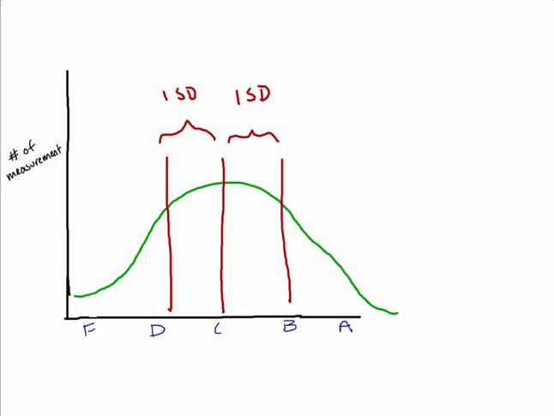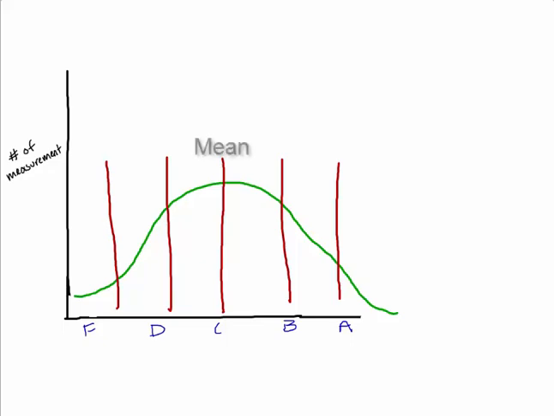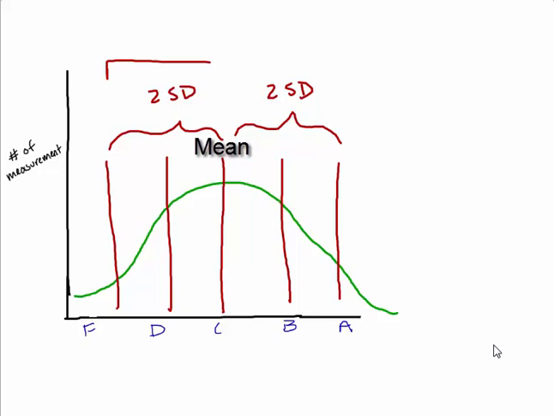And then we would expect that another standard deviation from the mean, so two standard deviations, should encompass about 95% of all of the measurements in that population.